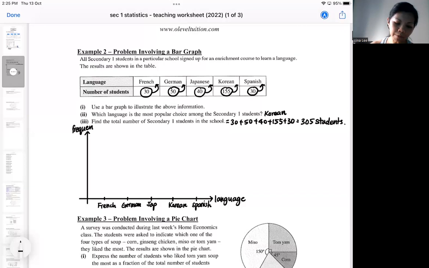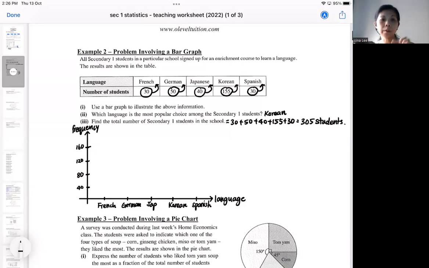So it's a bit like graph paper. Make sure you have proper intervals, something like here. I need something like 155, so maybe I'll put 40, 80, 120, and 160.